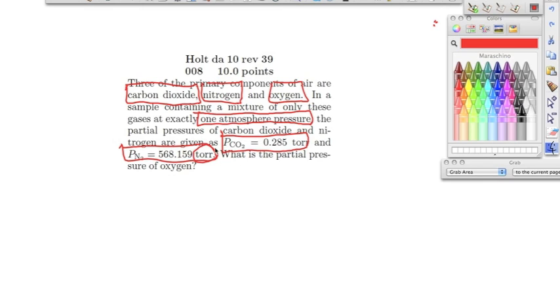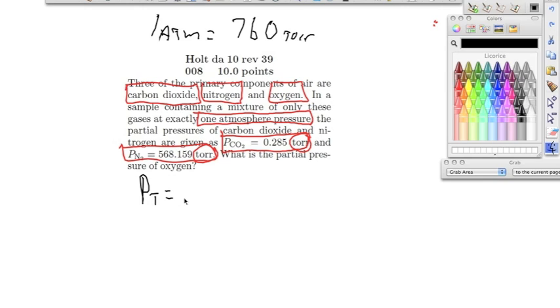Now we see that these units are torrs. I know the conversion factor that 1 atmosphere equals 760 torrs. So our total pressure, PT, is going to equal 760 torr, and these are our partial pressures. Anytime you are solving for partial pressure, you always subtract.